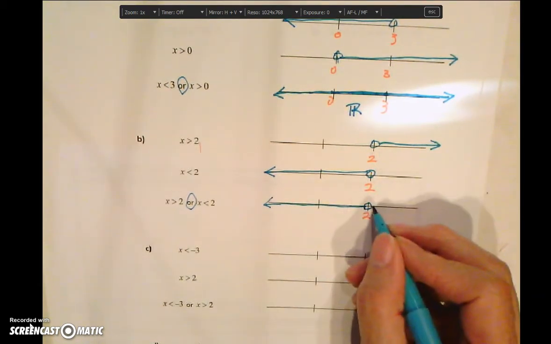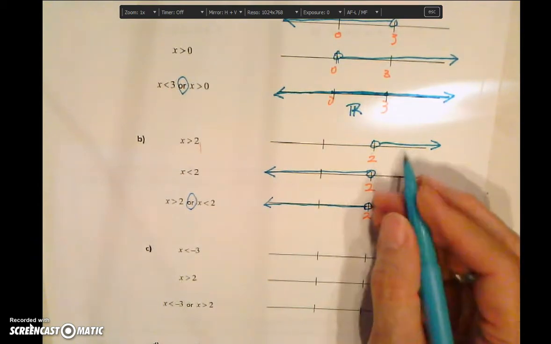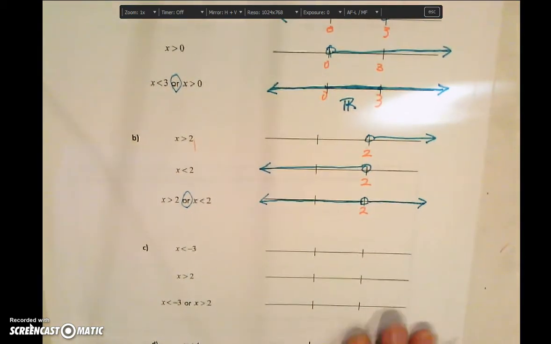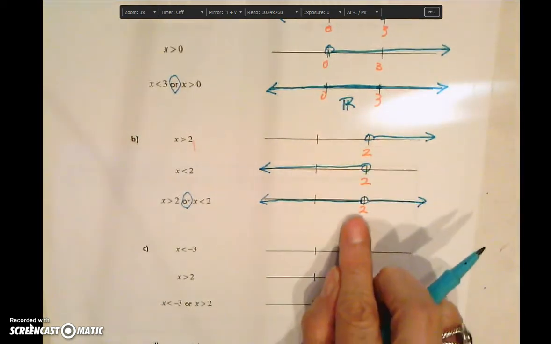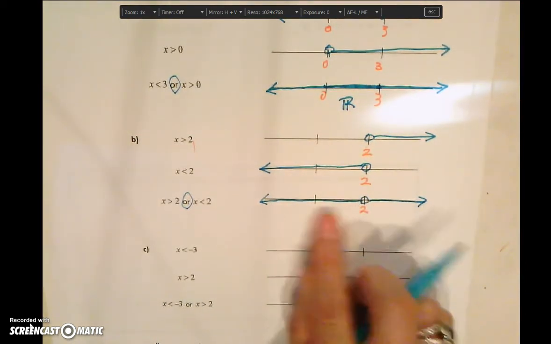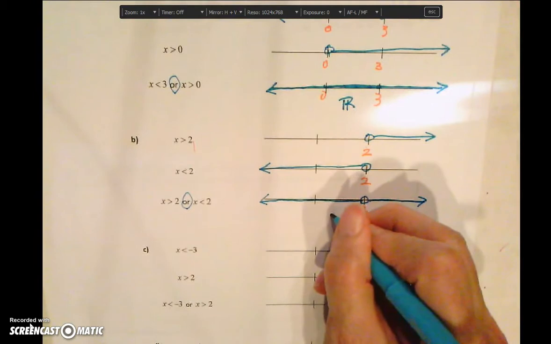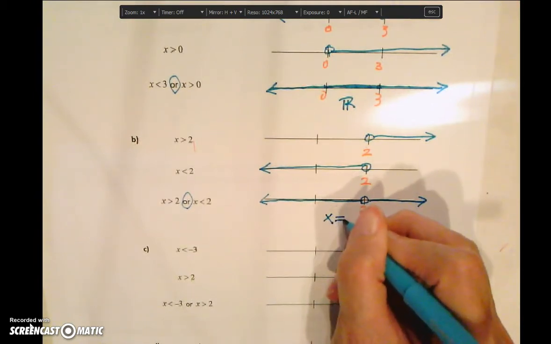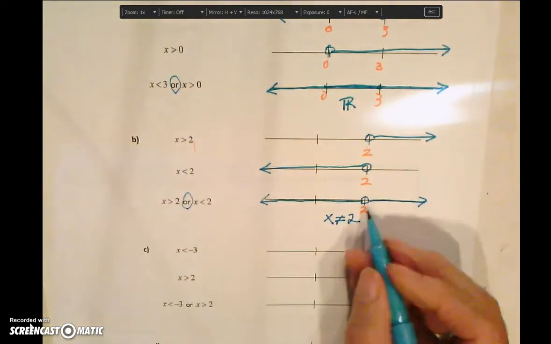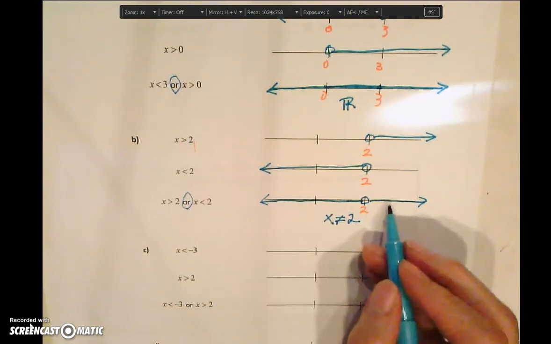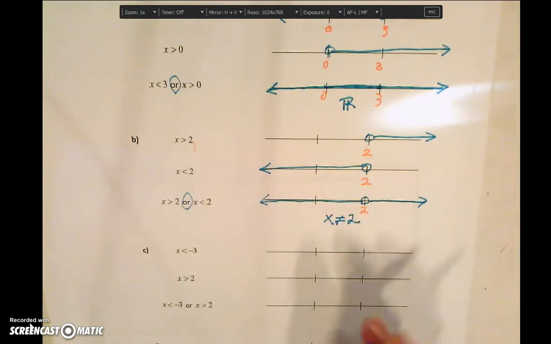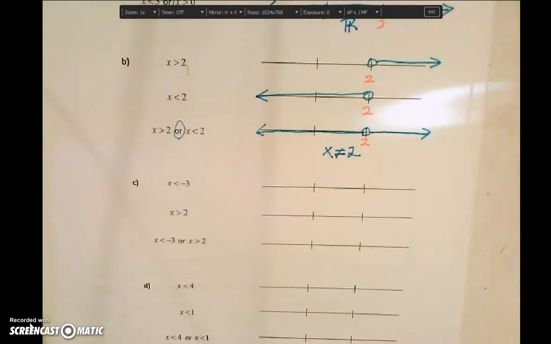But starting to the right of 2, I pick it back up again, and all these fall in right there. So it almost looks like the top one, except the number 2 is not included. And the shortcut way of saying that is just that x is not equal to 2. This implies that everything else is an answer, but x can't be 2.